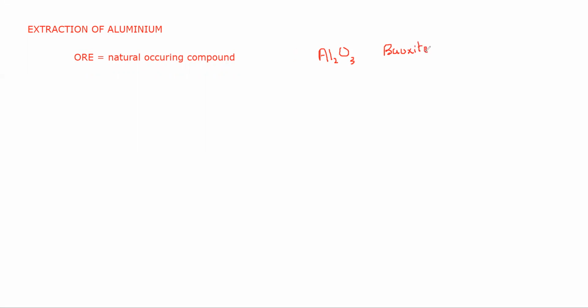This is the name of aluminium oxide when it is naturally occurring, and it contains an impurity, which is iron oxide.